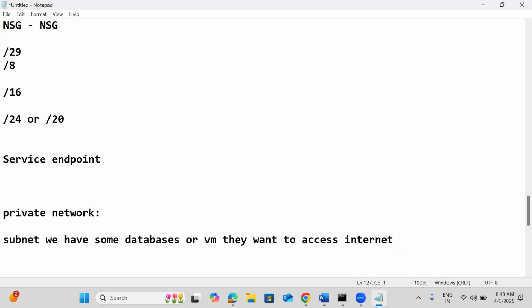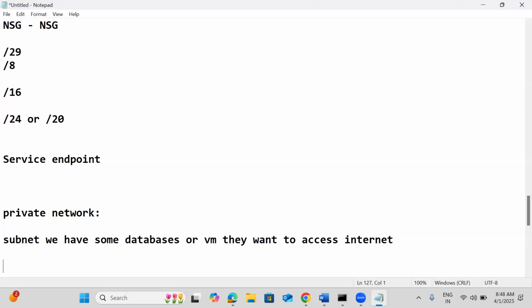Why they want to access the internet is, my use case is they want some patching kind of things, or they want to access some APIs. Suppose you want to do any PhonePe or UPI payments, those APIs should be accessible for you. That means those VMs want to communicate with the internet, but I don't want to make it public.